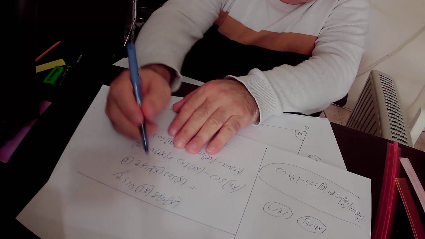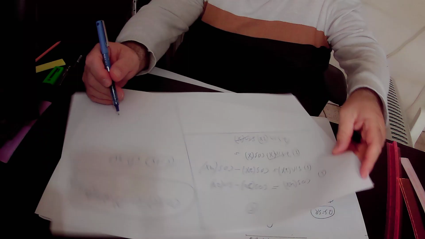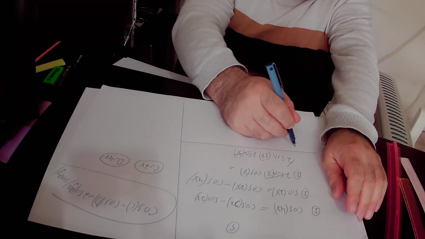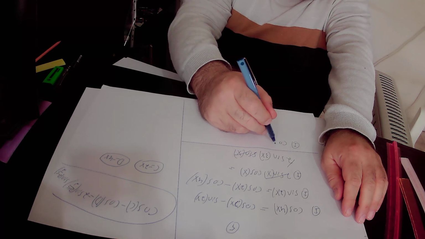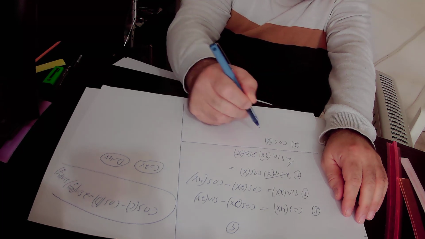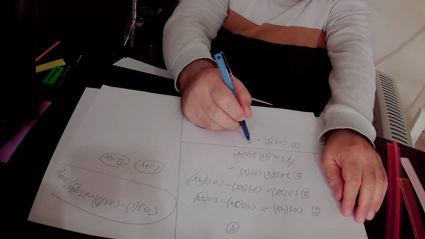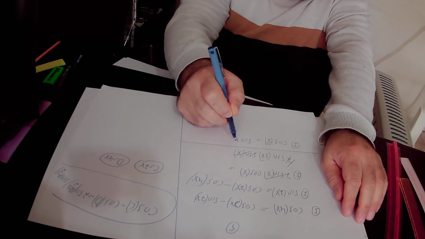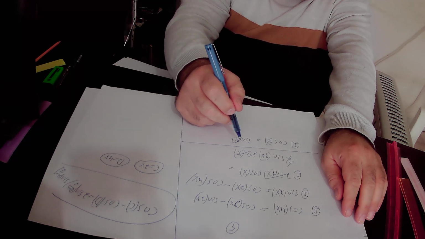What is left from equation number 1 after we cancelled 2 sine x? It is actually cosine x equals sine 3x.